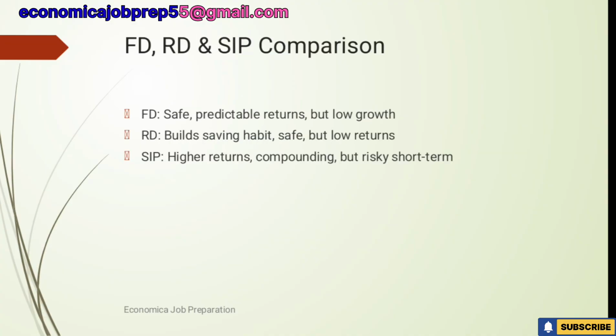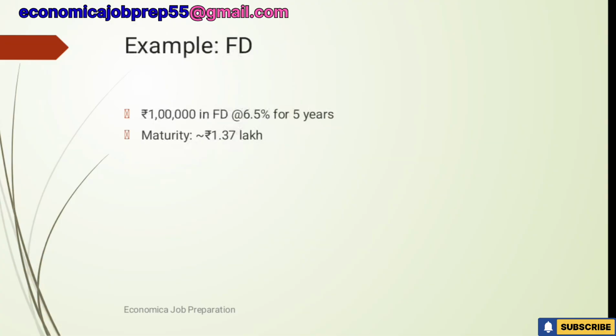One thing you should always remember, the inflation angle. If inflation is 6%, then FD and RD barely cover it. SIP grows beyond inflation. For example, 1 lakh in FD at 6.5% for 5 years, the maturity gives you 1.37 lakh.